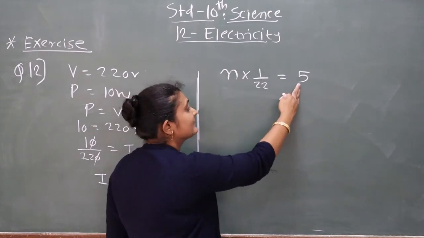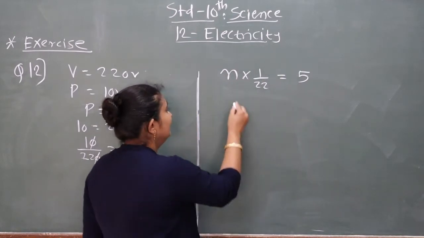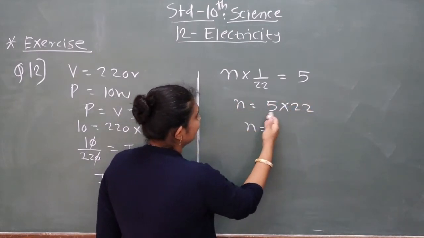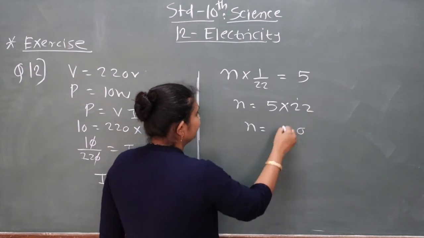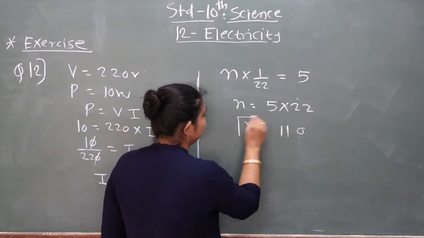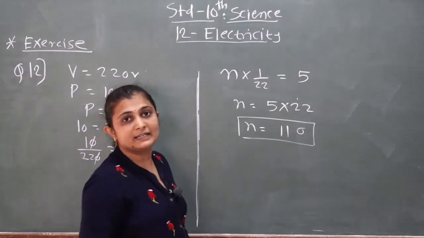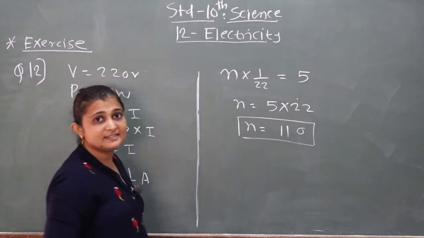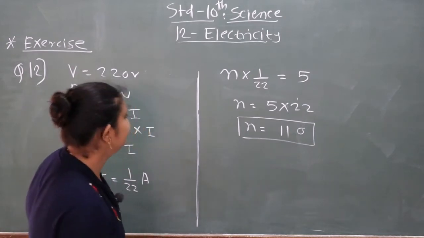Total current of the circuit is 5. Solve. N is equal to 5 multiplied by 22. N is equal to 110 bulbs. 110 bulbs are required. Note down fast. We will solve the next question.